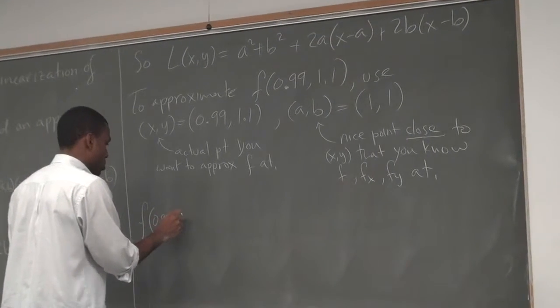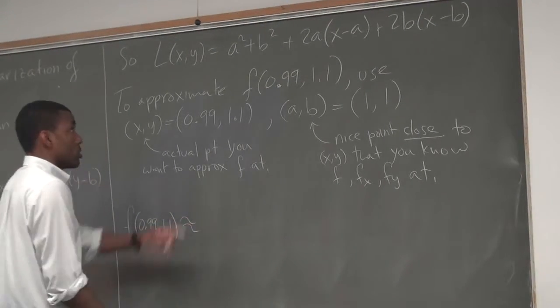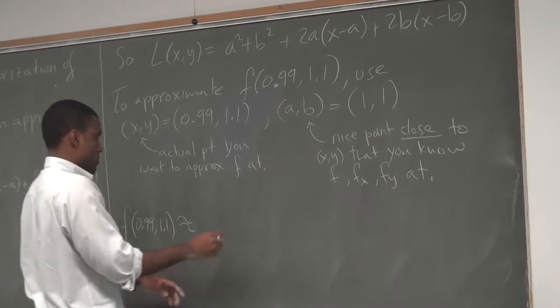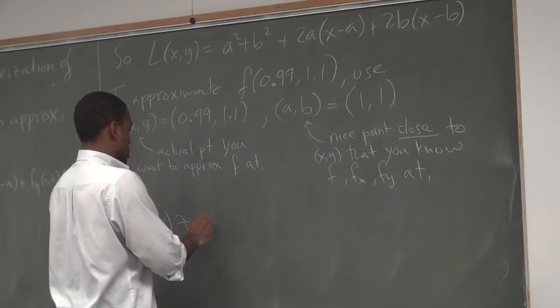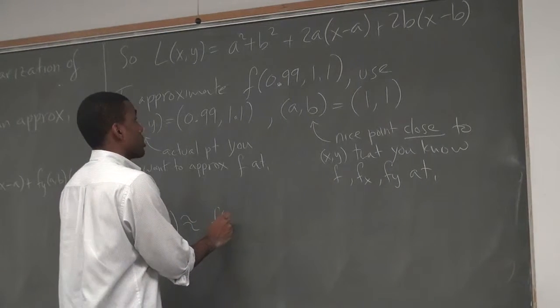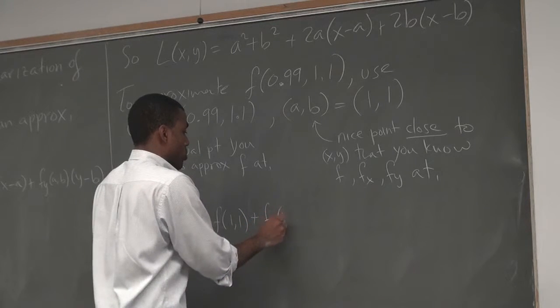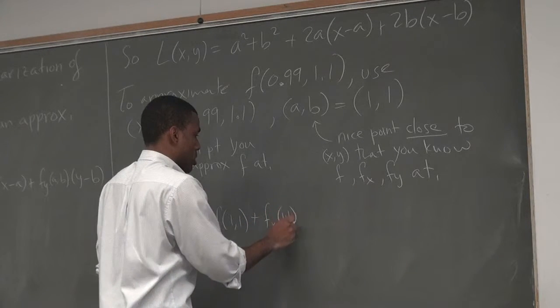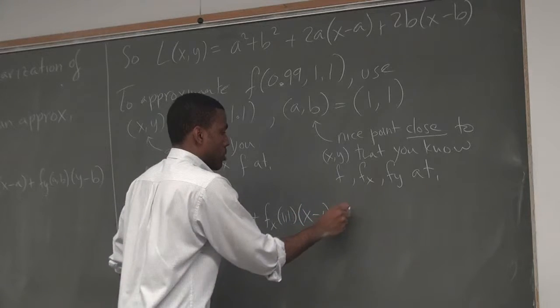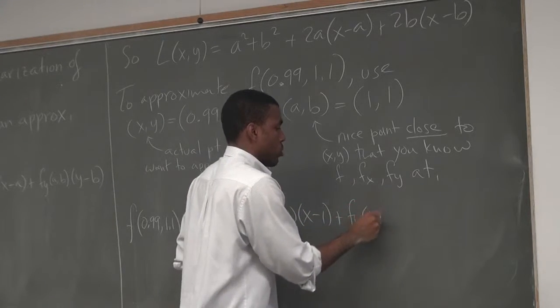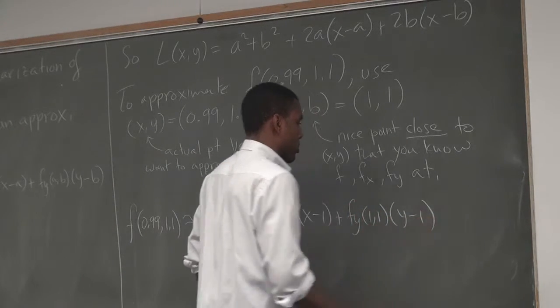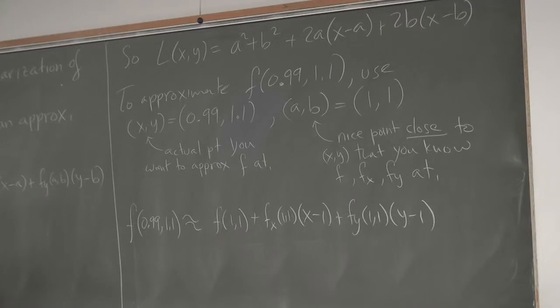So in this case, f(0.99, 1.1) is going to be approximately equal to that formula I had over there. Going to be close to f(1, 1) plus fx at (1, 1) times (x minus 1) plus fy at (1, 1) times (y minus 1). Or just replace a and b with 1 and 1.